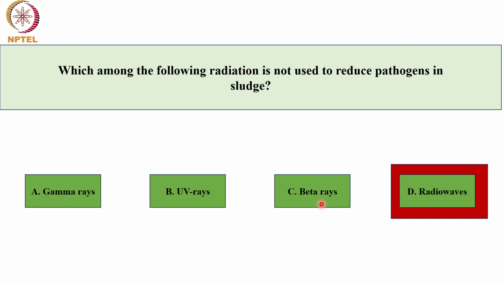Especially UV at 254 nanometer, disinfection happens at a wavelength of 254 nanometer. This disinfection process is very good because the bacterial wall gets ruptured at that wavelength.